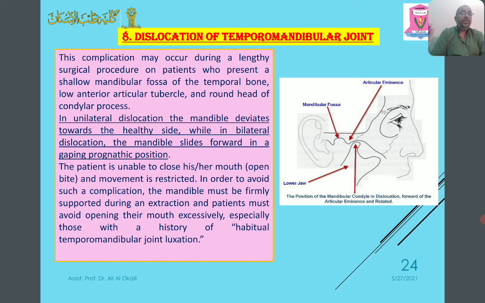In order to avoid such complication, the mandible must be firmly supported during the extraction process, and the patient must avoid opening their mouth widely or excessively, especially those with a history of habitual temporomandibular joint laxation.